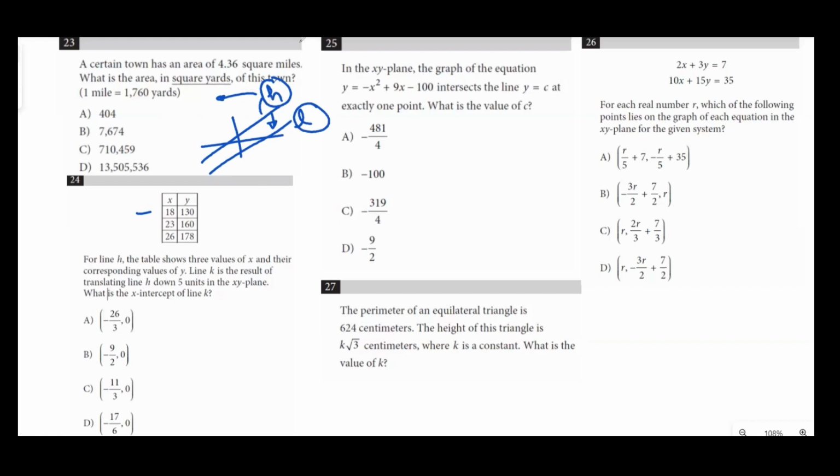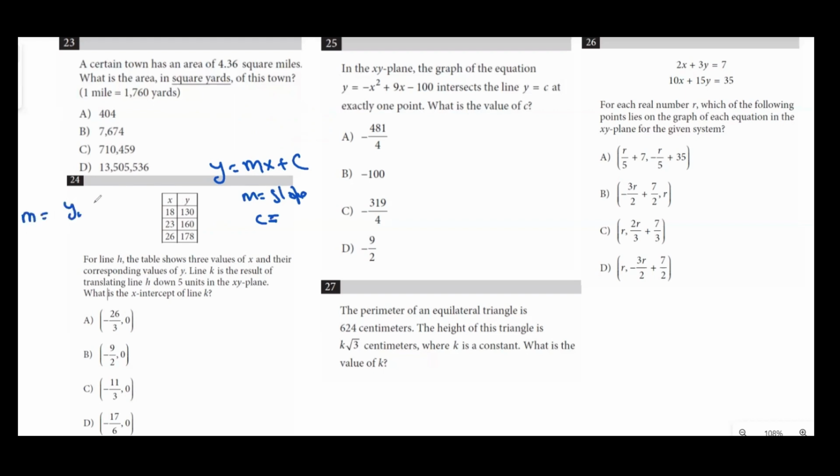Coming up to the question, if I talk about line H equation, how can I make it? I know y is equal to mx plus c, where m is my slope, c is the constant, where x is equal to 0. So what we can do? Firstly, we can find the slope. Slope is nothing but y2 minus y1 divided by x2 minus x1. We can take any point. For example, if we take 18, 130 and 23, 160, or if we take 18, 130 and 26, 178.